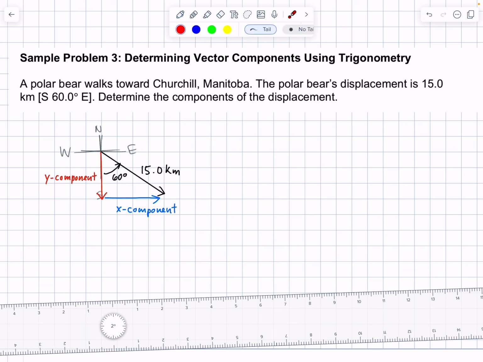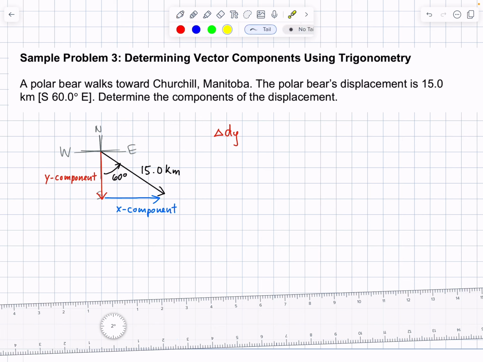If you add the y component and the x component, it is equal to 15 kilometers, 60 degrees east of south.